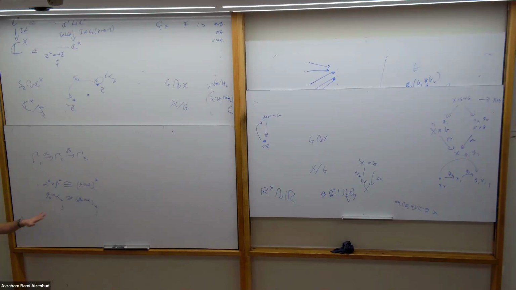In the more general setting, each of the operations, both pull and push, you can do with two versions, a star version and a shriek version, and then there's some adjunction. Here we don't see it because the pull is just one version, the star version and the shriek version are the same, so it's simpler.